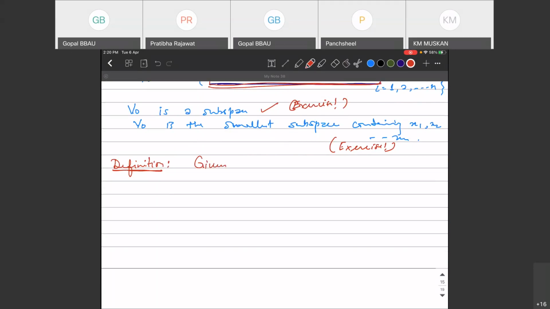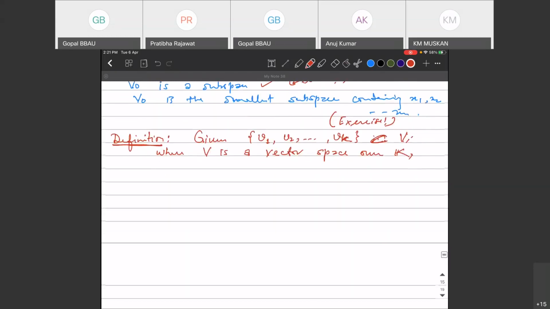Given vectors v1, v2, ..., vk inside a vector space, where V is a vector space over a field K, a finite linear combination of the vi's is a vector of this form.